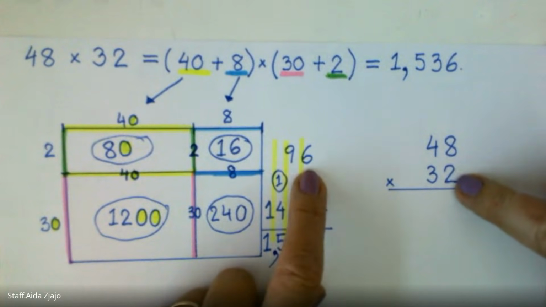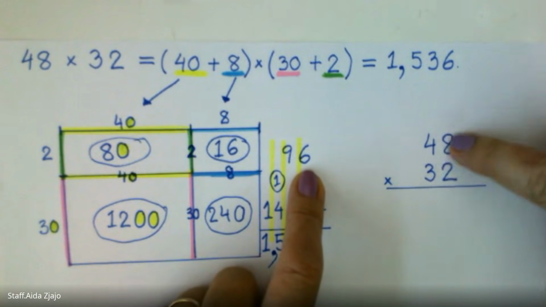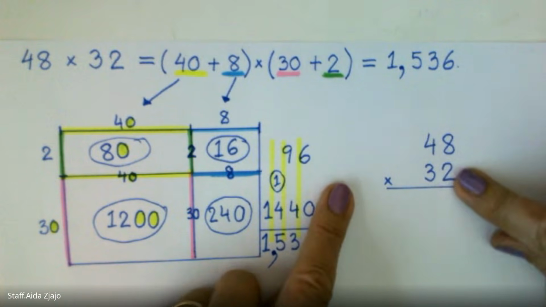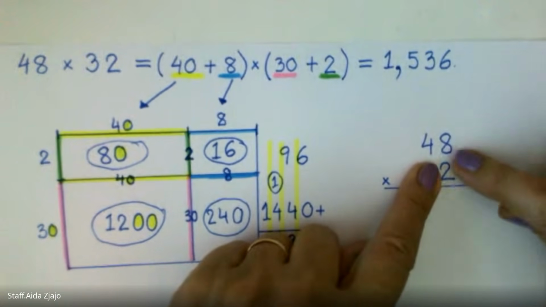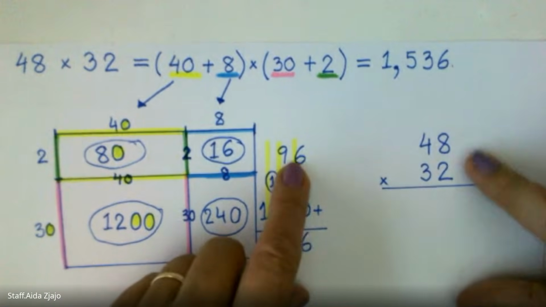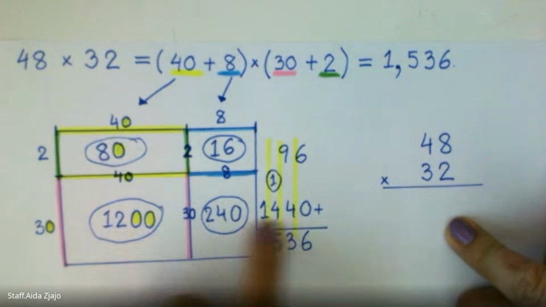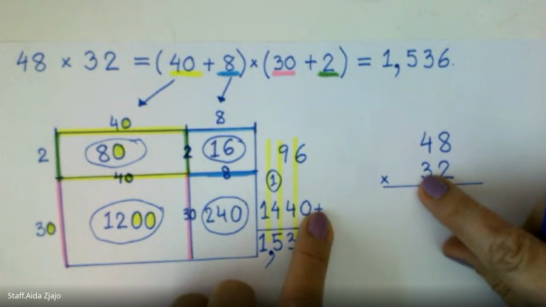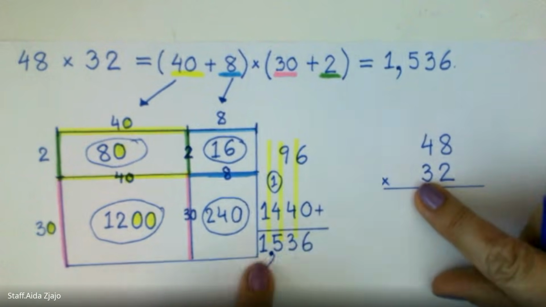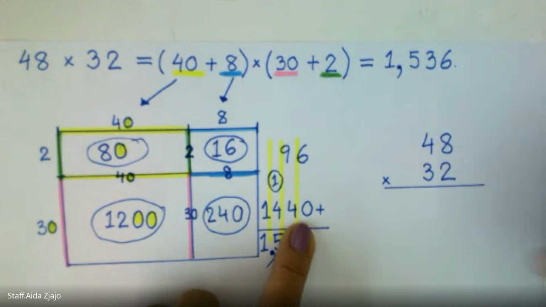It's actually two groups of 48. So that is the first part of the standard algorithm: 2 ones times 48, 2 times 48. And you can see that that is going to be 96. The next part is going to be 30 times 48, and that is 1,440.